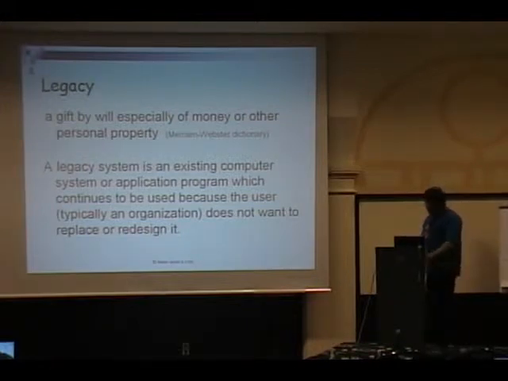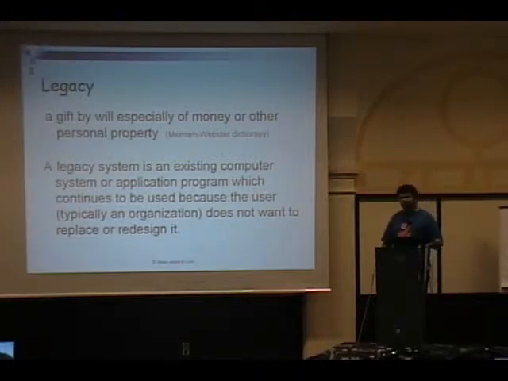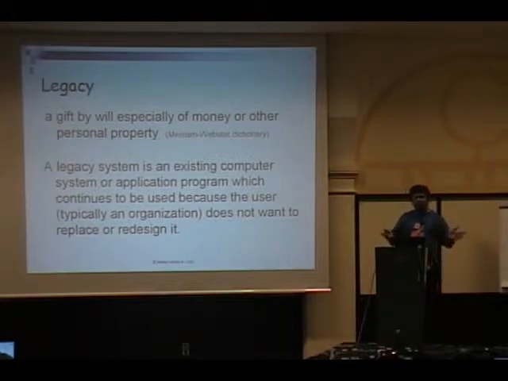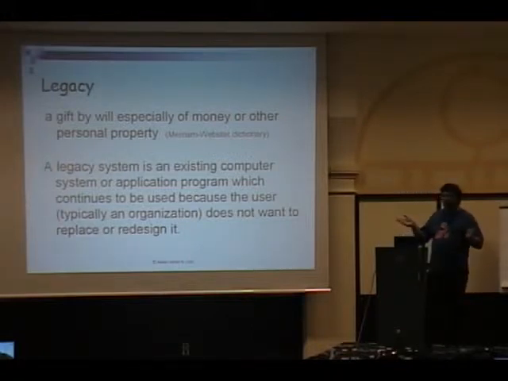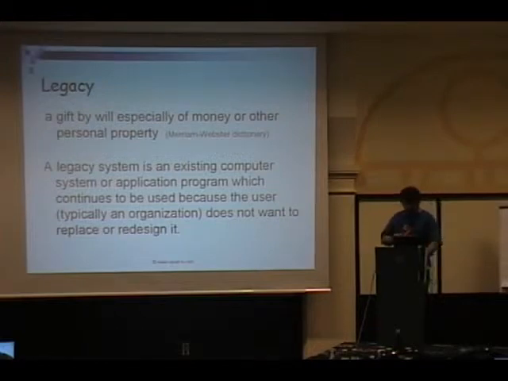So legacy systems may pose a huge problem to organizations because of the constantly changing landscape of technology. And I'm going to walk you through what happened to one such system and what lessons can be learned for the future from looking at it.